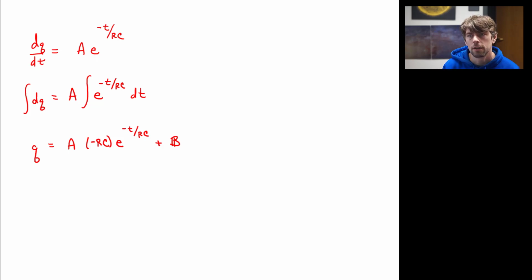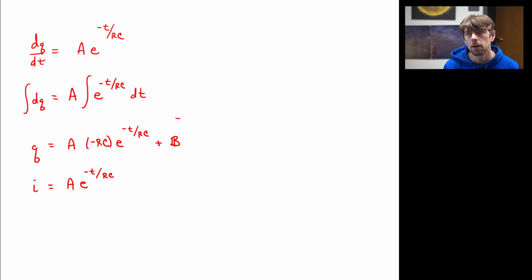Now, of course, there is another thing. You could say, wait a minute, Greg, this isn't done yet. I don't know the value of these integration constants, what I've called A and B. And I completely agree with you. You don't know them because those depend on the initial conditions of the circuit, or maybe the final state of the circuit. So we have to go back and look.